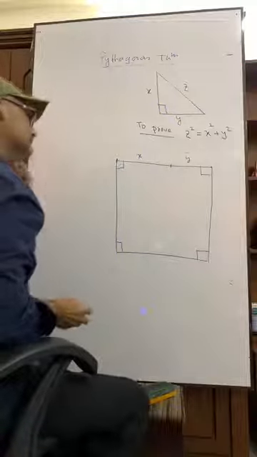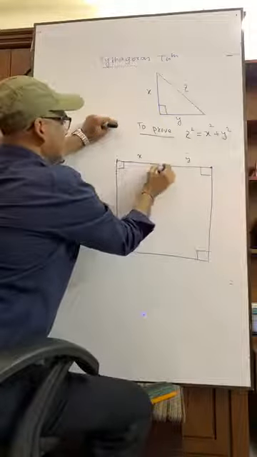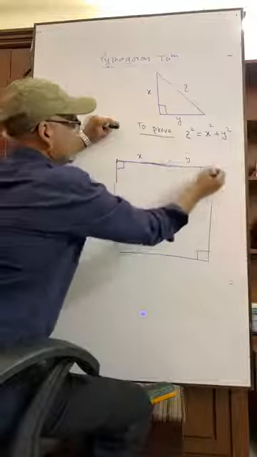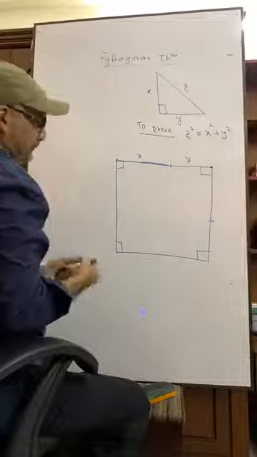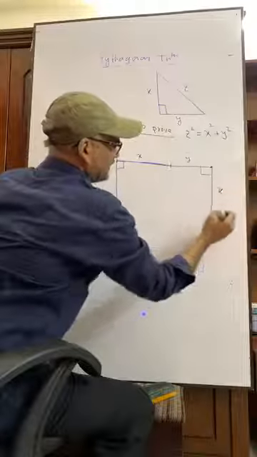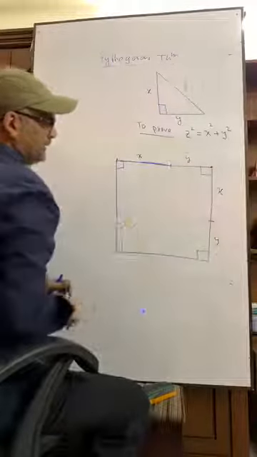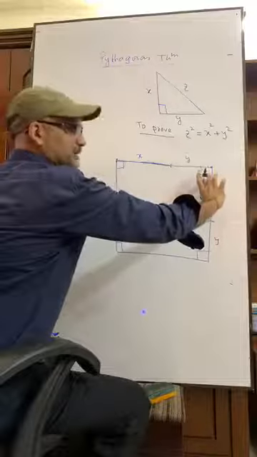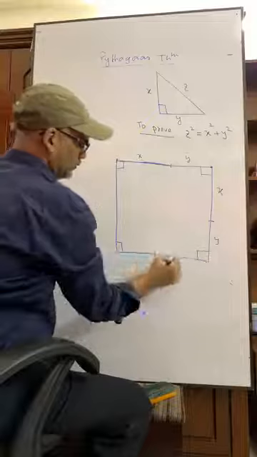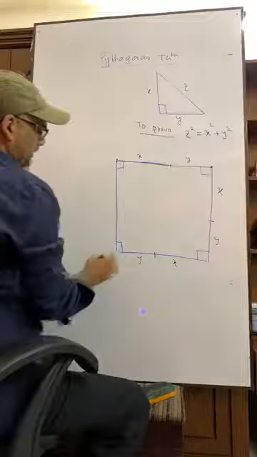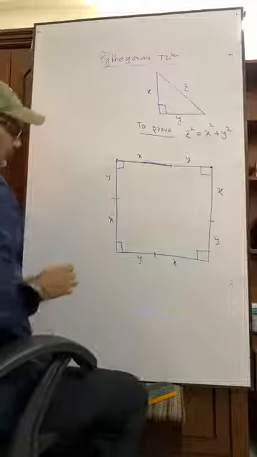Now, from here, this length X, please try to understand, you cut off X. That means this part is now X and this part is now Y. This whole length is equal to this whole length, okay? So, if the part X has been cut off, then the remaining part will be equal to Y. In the same way, here we cut off X, the rest is Y. Here also, this is X and this is Y, right?